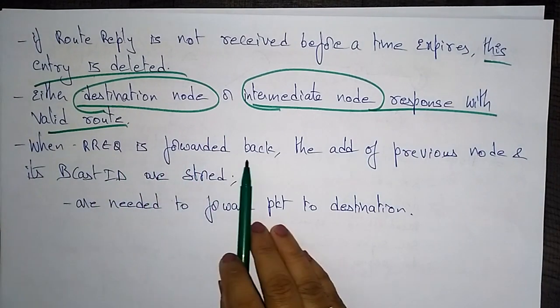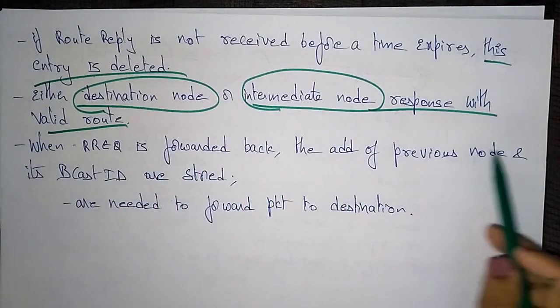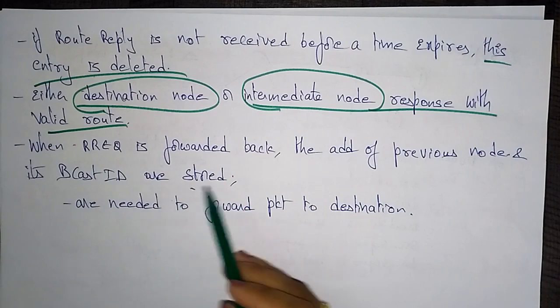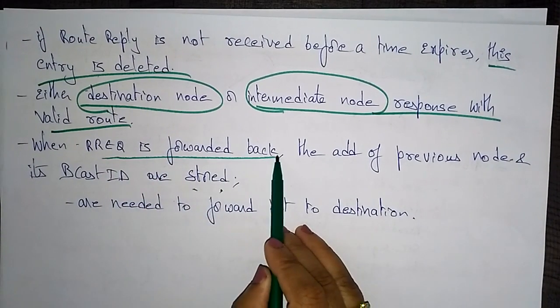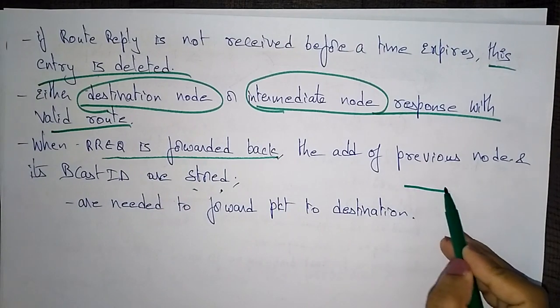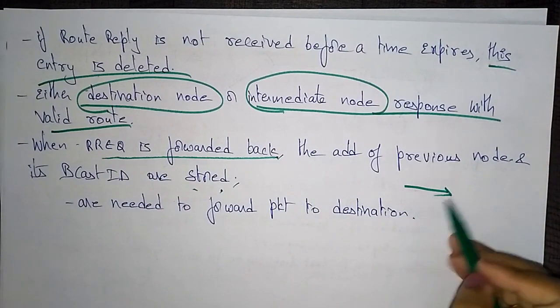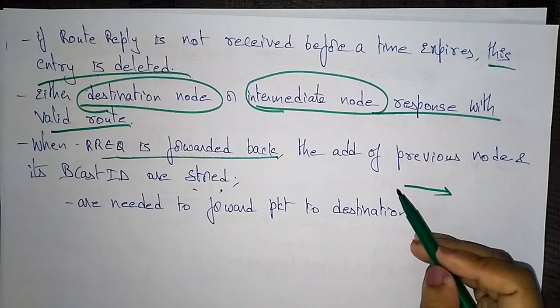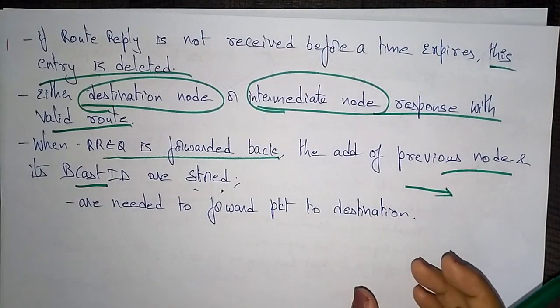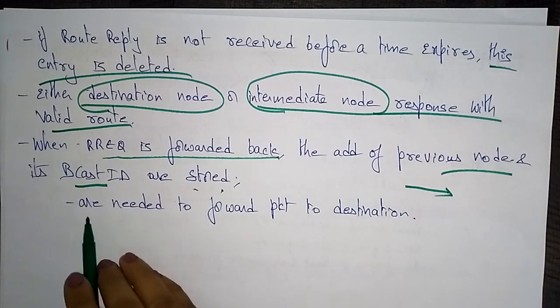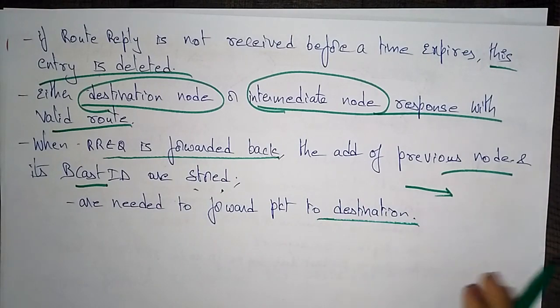When a route request is forwarded, the address of the previous node and its broadcast ID have to be stored in the cache while forwarding, which are needed to forward the packet back.